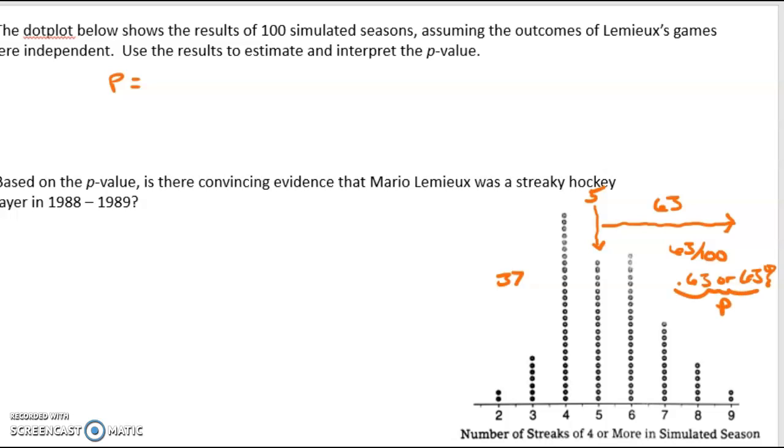All right, so here we go. Estimate and interpret p-value. So we get p is going to be 63% or 0.63. All right, so let's do this.